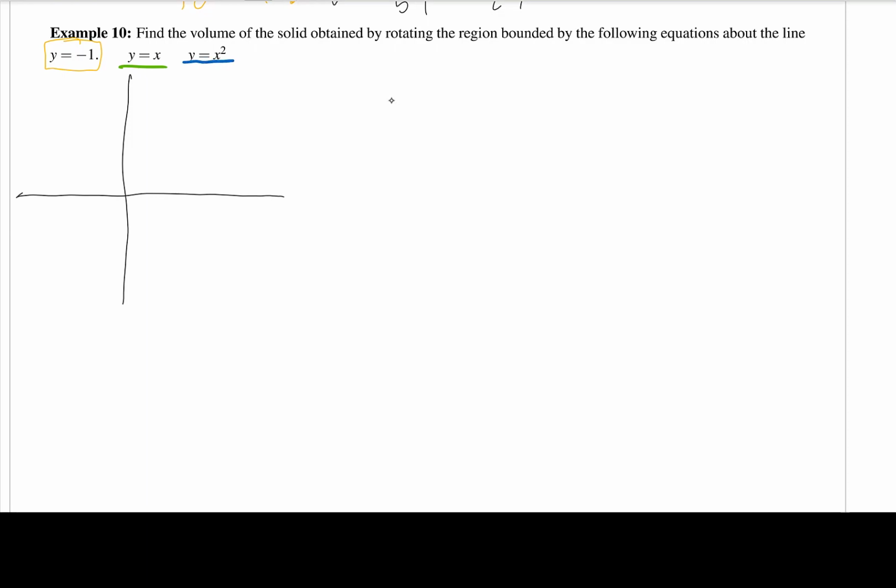Now, I know from past experience with these curves that they can look very similar, right? What I mean is, when we're in the interval from 0 to 1, their values are pretty close to each other. And what that means is that the region between the two is going to be pretty small. So I'm going to choose different intervals on our x and y axis.